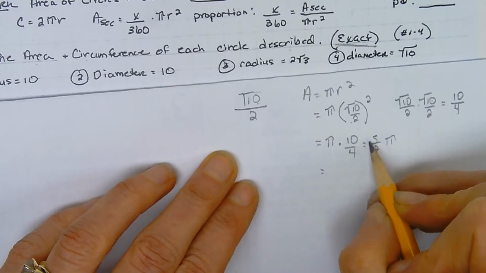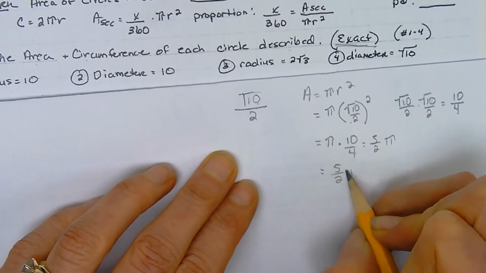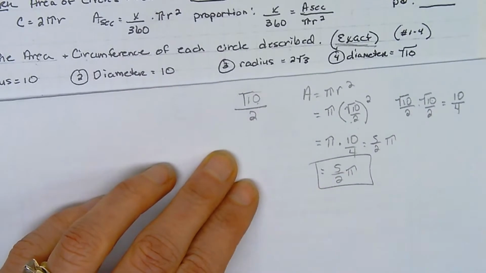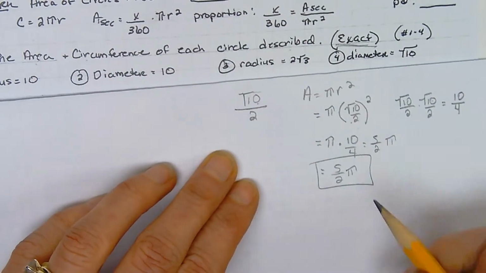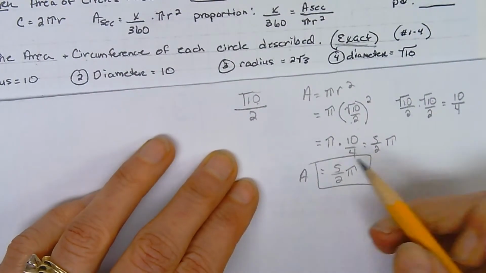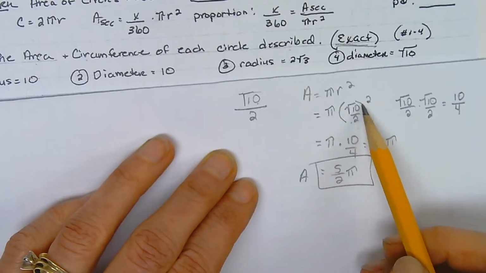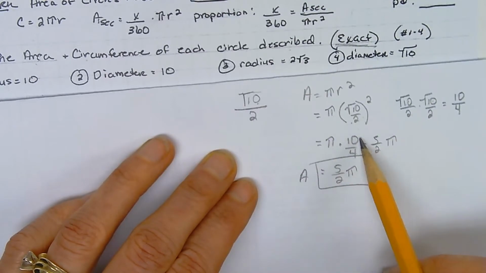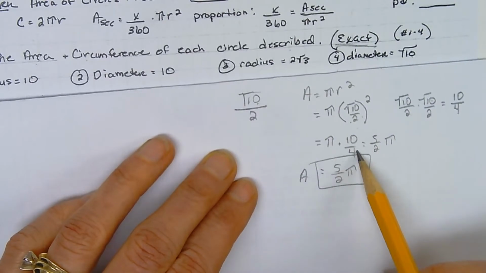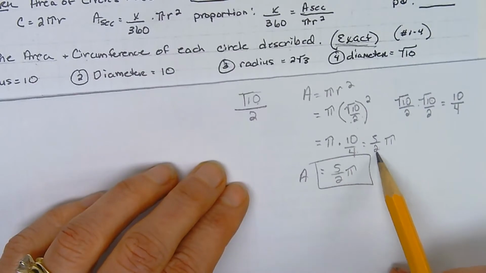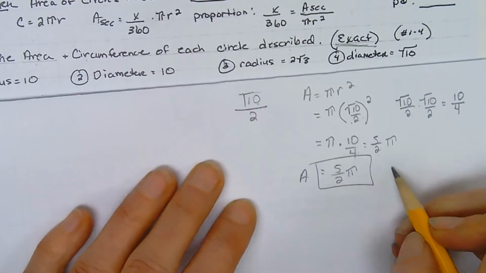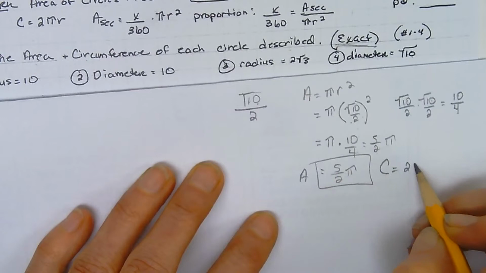So the final answer is 5 halves pi. And that's the area of that circle. Pi times the square root of 10 over 2 squared becomes pi times 10 over 4, which is reduced to 5 halves pi.